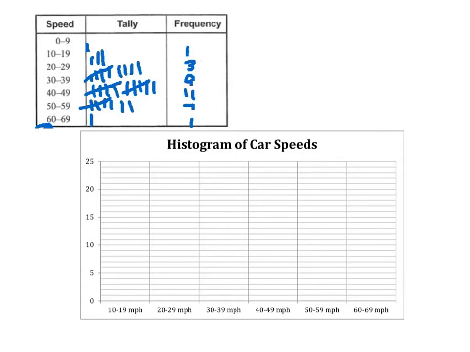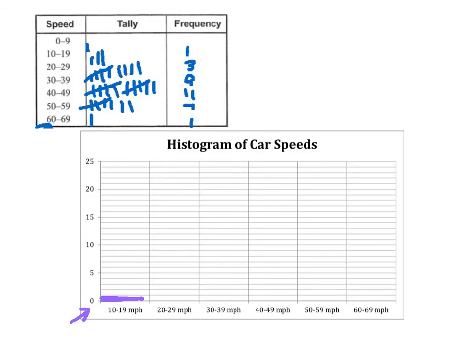Okay, so now we're going to take our data from our frequency table and put it in our histogram. Again, notice how the histogram has each of the intervals broken down into 10-mile-per-hour intervals. So let's go ahead, we have 1 car in our 10 to 19.